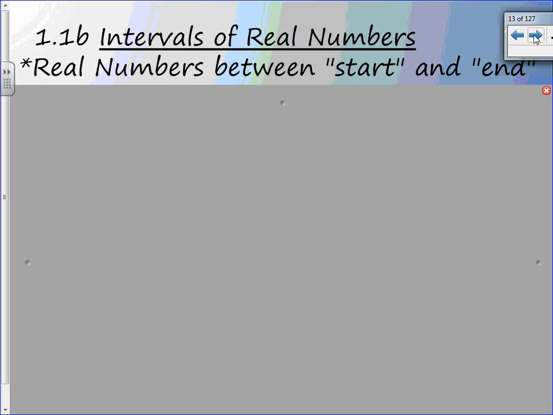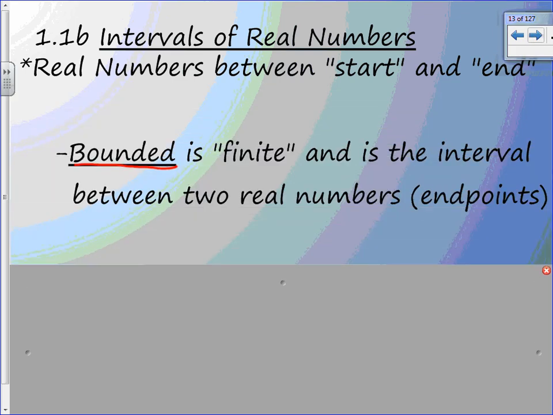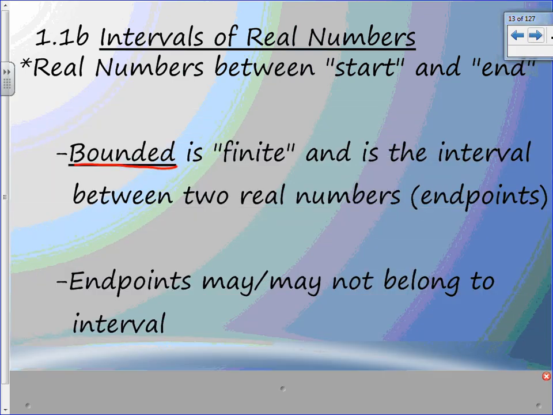All right, so today we're going to talk about how we describe intervals of real numbers. If you have an interval of real numbers, that interval can be bounded or it can be unbounded. Bounded means it does not go on forever.